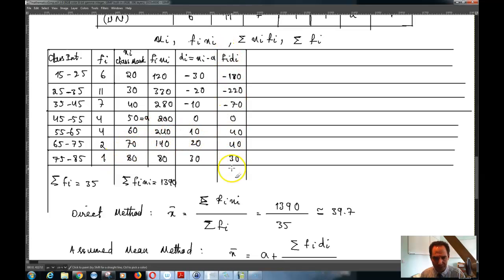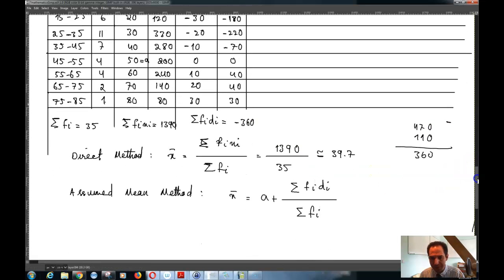Now sigma f of i d of i is all of these numbers added together, which is 80, 110, and negative 300, 400, 470, so negative 360.